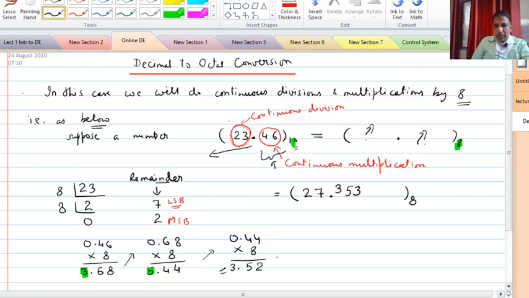Then again multiply it with 0.52, then 8 times 2 is 16, 8 times 5 is 40 plus 1, 41. Then you can stop here, up to 4 positions is sufficient. So you can say that this is the approximate result of conversion of 23.46 in decimal.